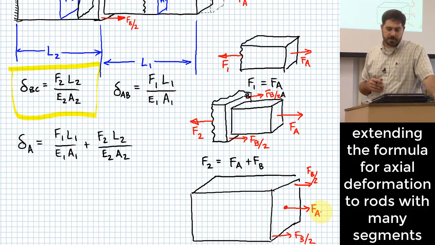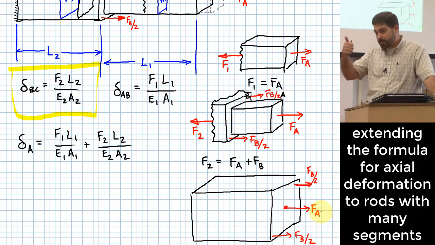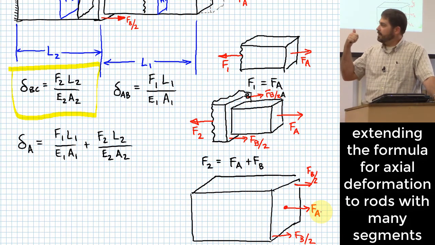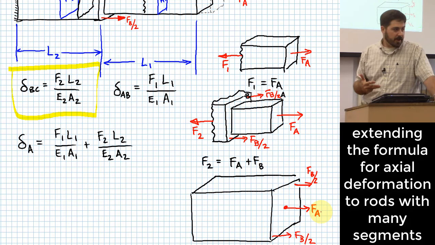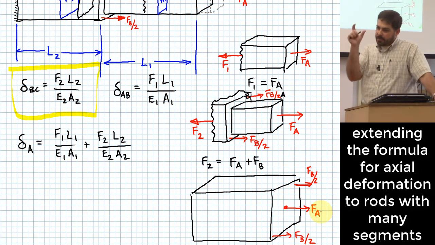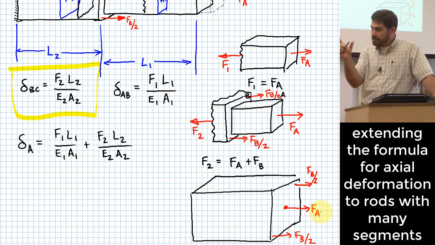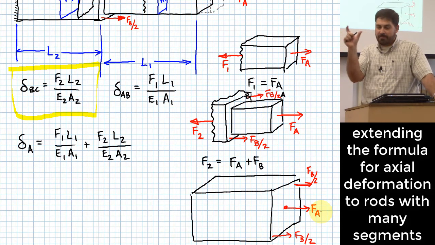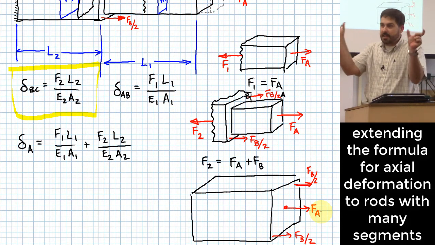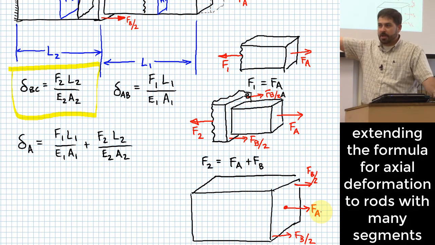I could have put a third segment on there, and as long as I figure out the force carried in that segment, the length, the cross-sectional area, and the elastic modulus of that segment, I can figure out the change of length of that segment. Then if I add up all of those changes in length, that gives me my overall change in length. You got a question?